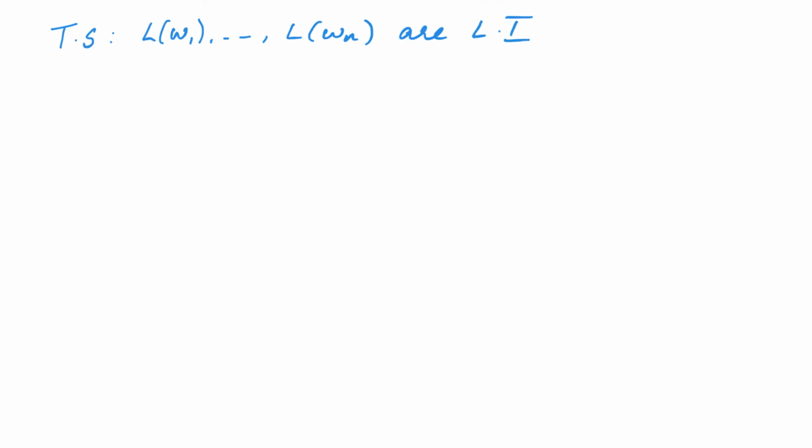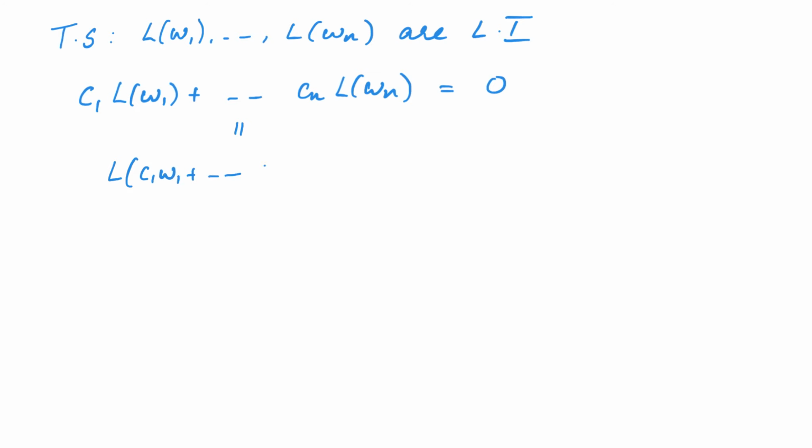To show that L of w1, L of w2, etc. up to L of wn are linearly independent, assume that constants c1 to cn are such that c1 into L of w1 plus etc. up to cn into L of wn is equal to the 0 vector. Now, by linearity, this is equal to L of c1 w1 plus etc. up to cn wn.